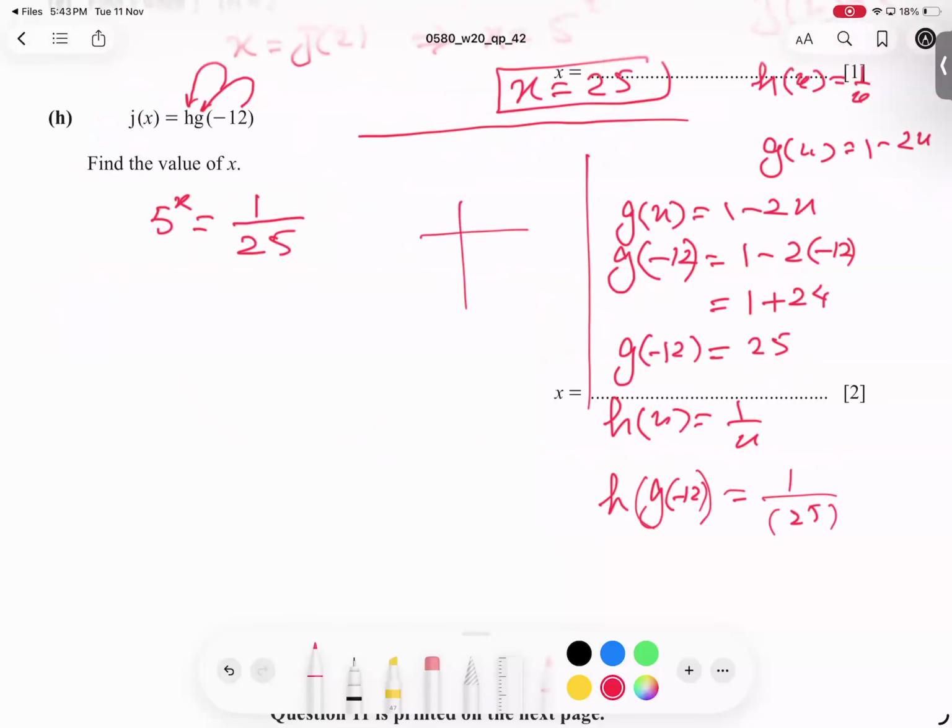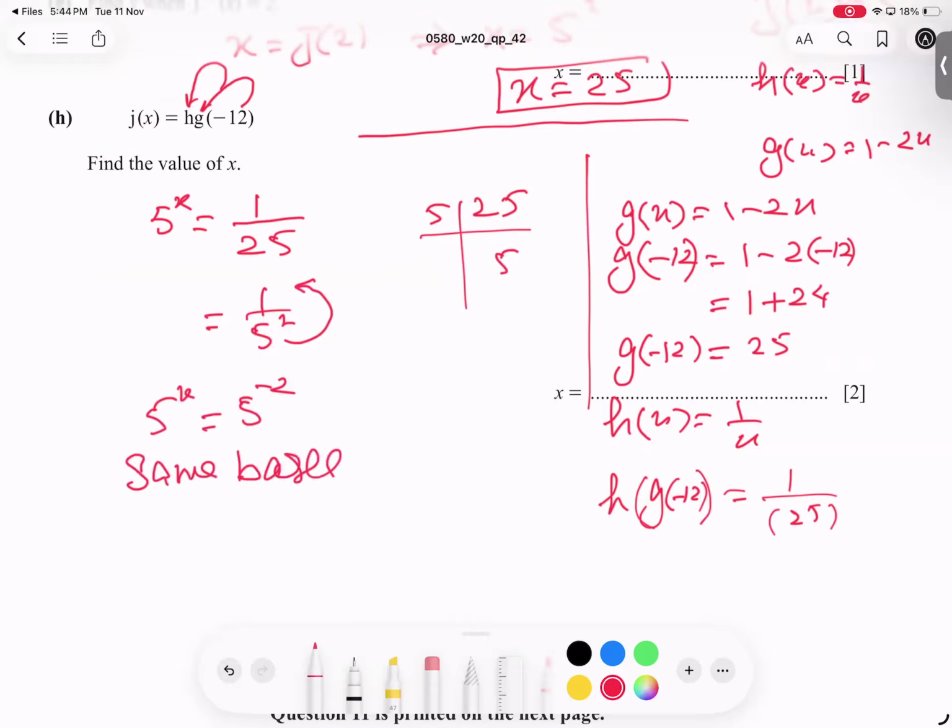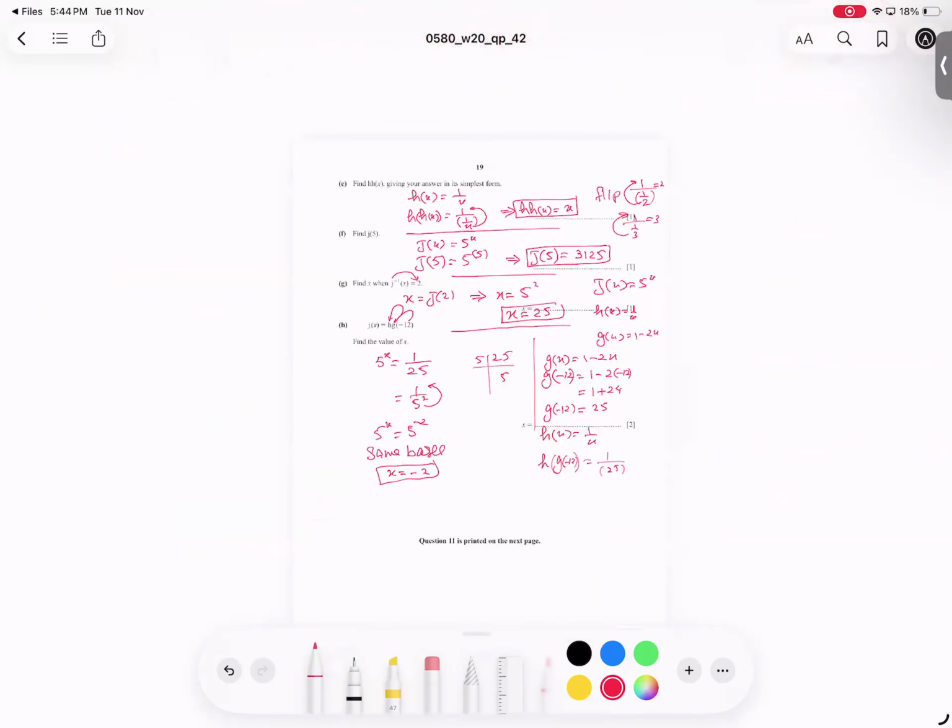And everyone knows 25 is 5 to power 2. And all of you know the indices property, when I bring it up, the power sign changes. And the indices property once again, same bases both sides, 5 gone, and we got x is equal to negative 2. And the question is completely over.